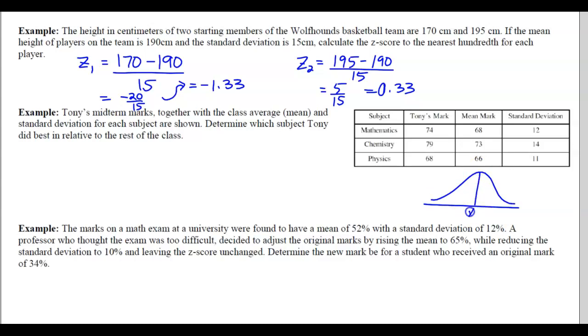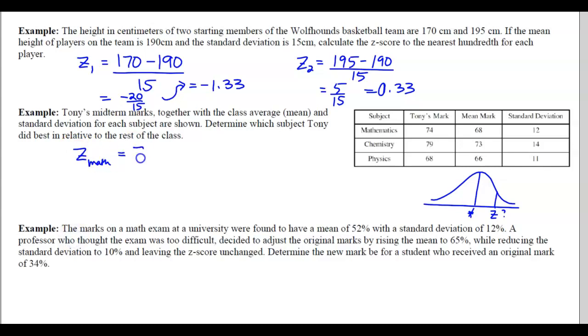So that's comparing to your class, right? Was Tony far above the mean or close to it, right? So in each of those, we want to find the Z-score for each class. The higher the Z-score, the better you did relative to everyone in the class. So we'll start with math. So Z for math.